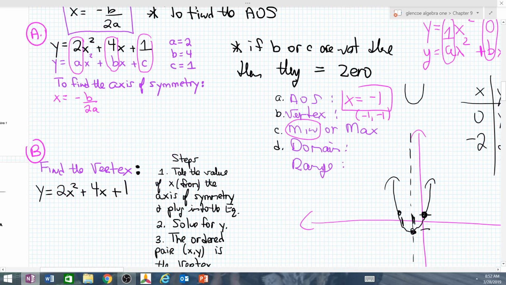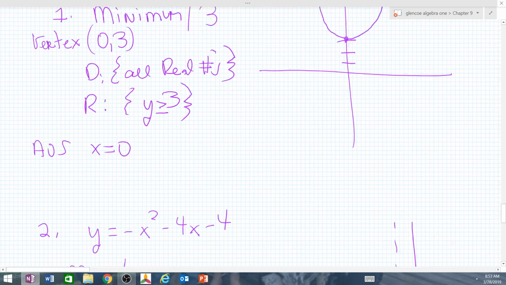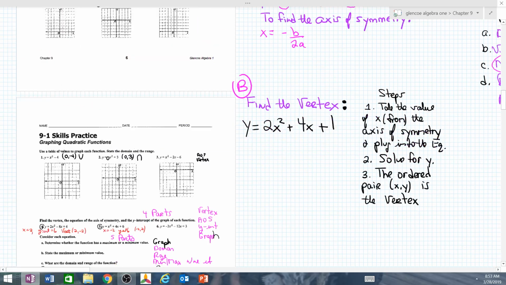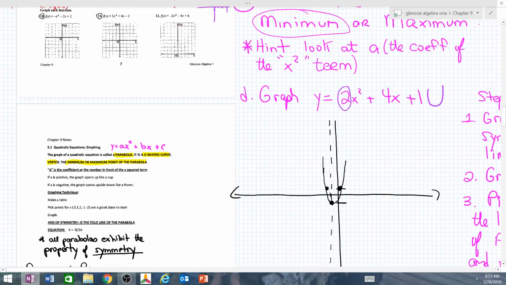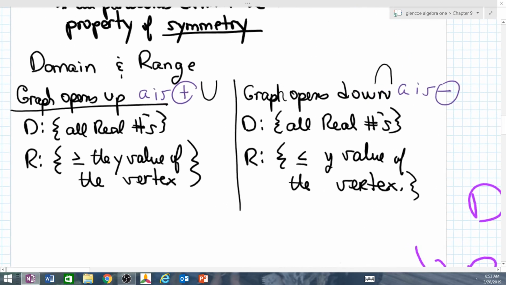So let's go back and look, just so you guys have this right. Let me go back to the notes. One more time, the domain and the range. If the graph opens up, meaning that a is positive, the domain is all real numbers, the range is greater than or equal to the y value of the vertex. So if the y value of my vertex is 0, then it would be greater than or equal to 0.